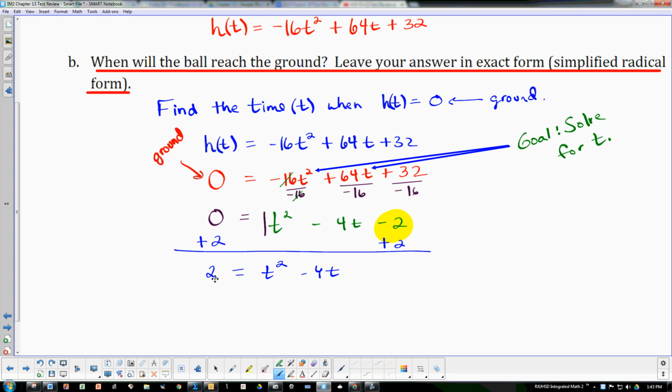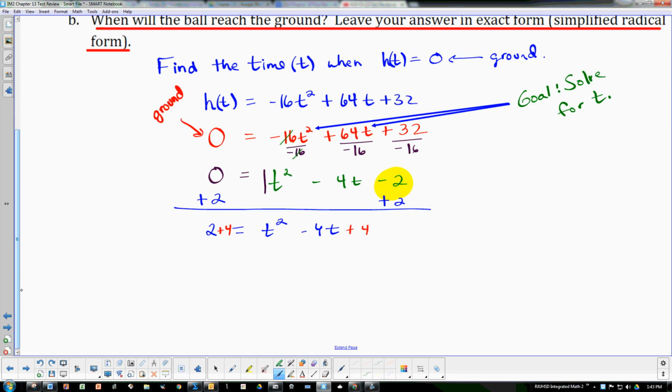So I've got to add things to both sides. Half of 4 is 2, squared is 4, so we're going to add 4, add 4. I have now 6 is equal to, well, this is going to become a binomial squared, t minus 2 squared. And you guys know from here, all you have to do is take a square root of each side.